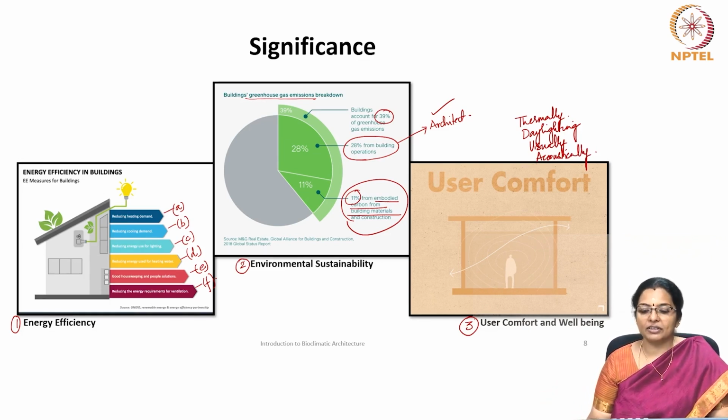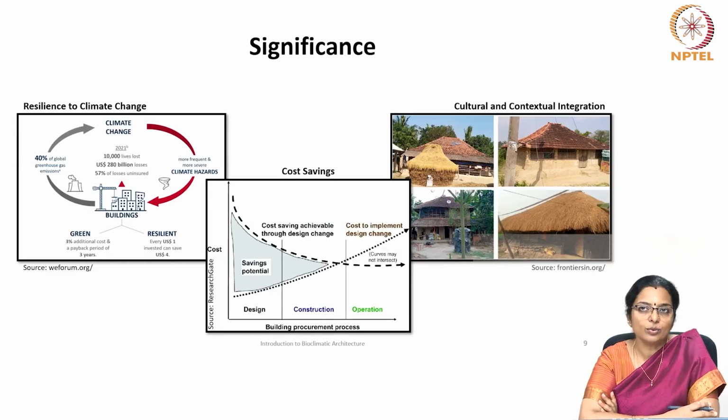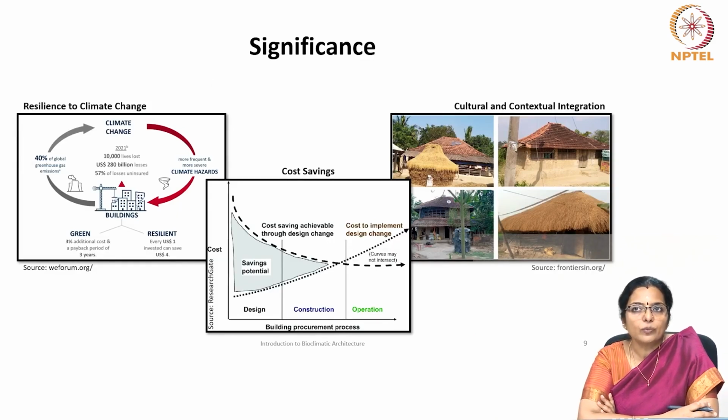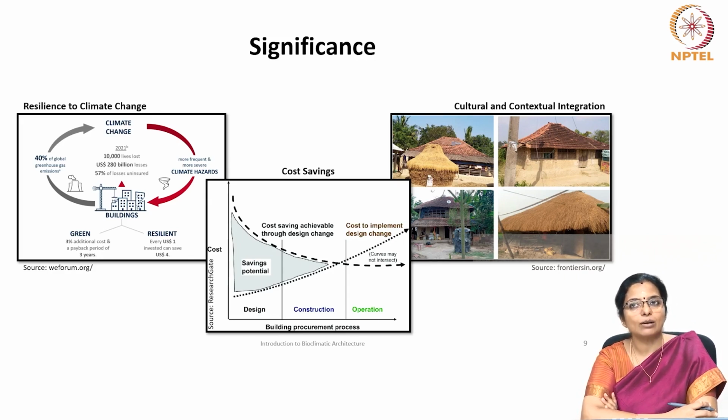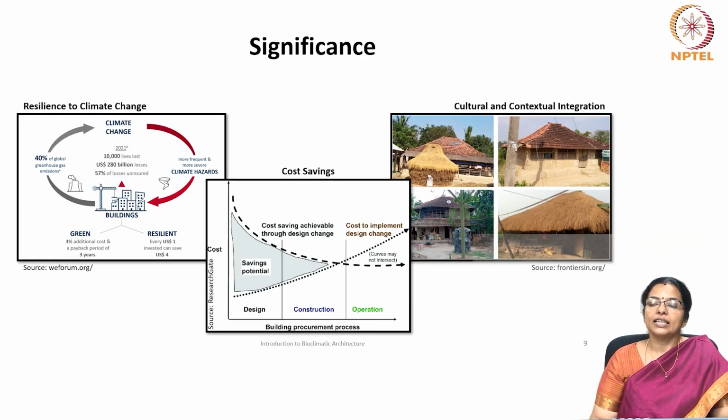The other significance include resilience to climate change. So, with the increasing challenges posed by climate change, bioclimatic architecture offers solutions that can improve resilience to extreme weather events, reduce vulnerability to heat waves or cold spells, and adapt to changing climatic conditions more effectively than traditional building designs.